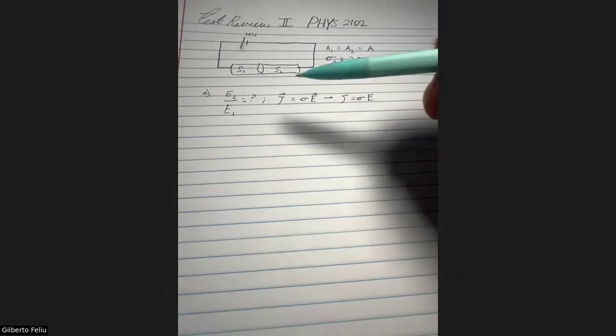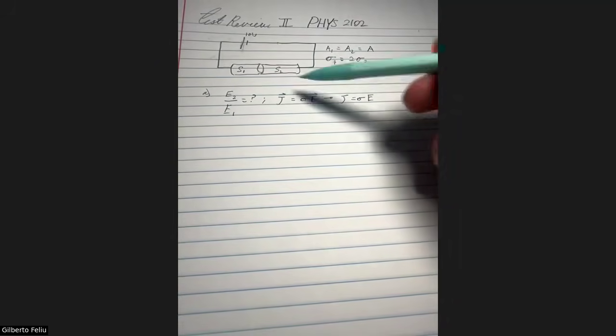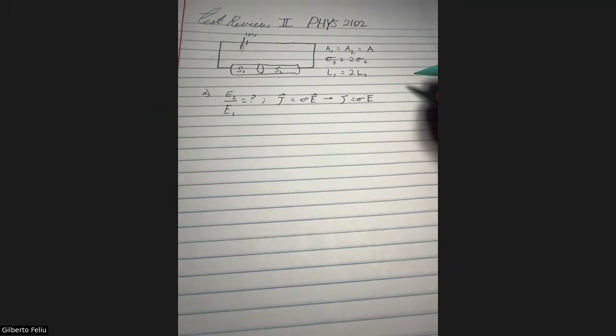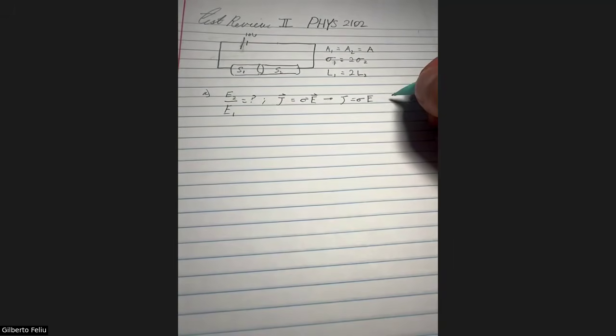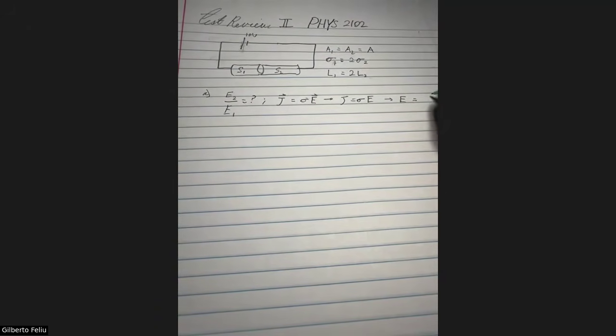Okay, it's asking the ratio of the electric field in segment two to that of segment one. So we can use this microscopic form of Ohm's law to create an expression for electric field so that we can later divide them. We can just divide both sides of this equation by sigma so that we end up with E being equal to J divided by sigma.